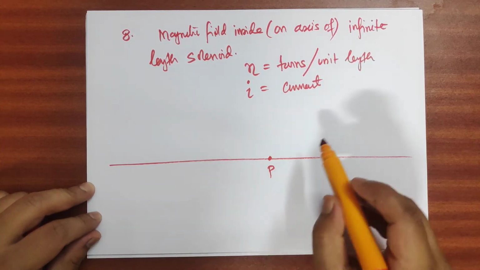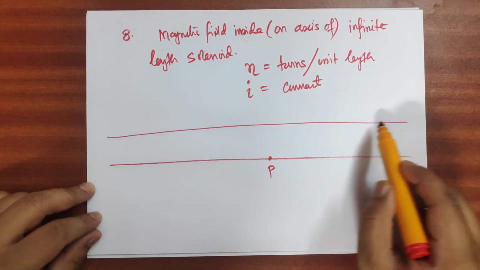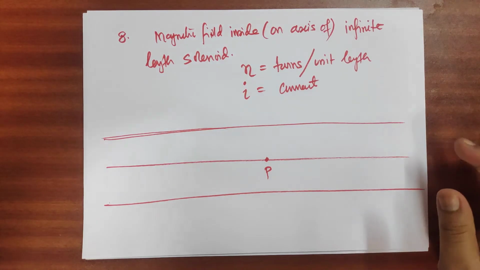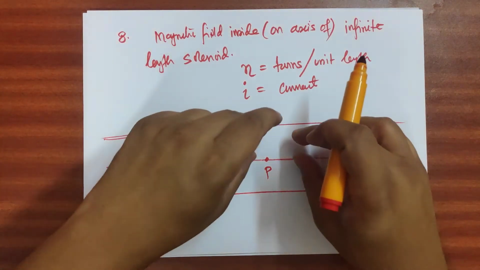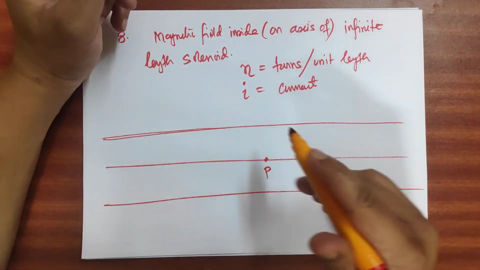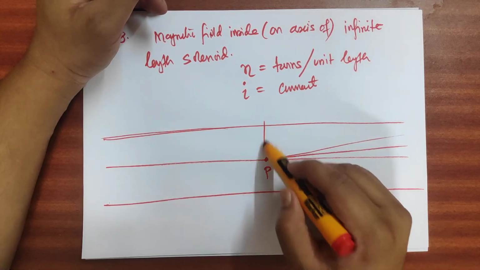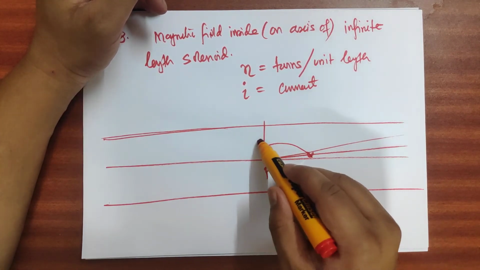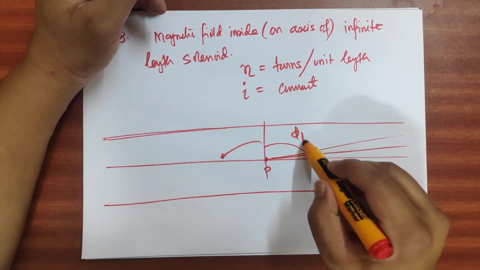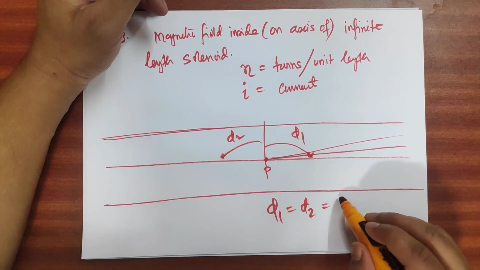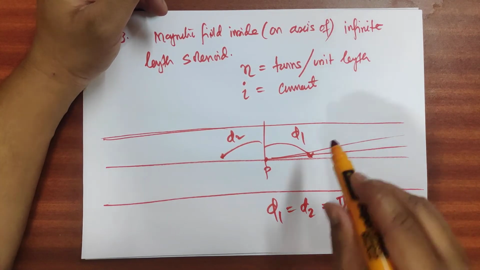See, special case, infinitely long. Infinitely long means actually the length is much larger compared to the radius, and this point P is between. So as you see, this phi 1 and phi 2 for infinite length, both will be how much? Phi 1 and phi 2 both will be equal to pi by 2.